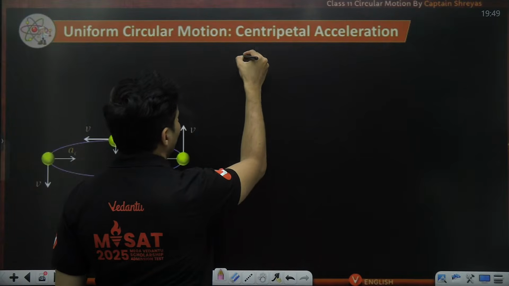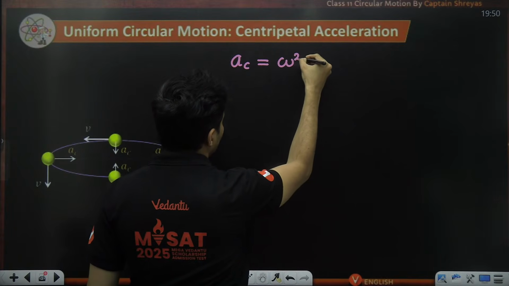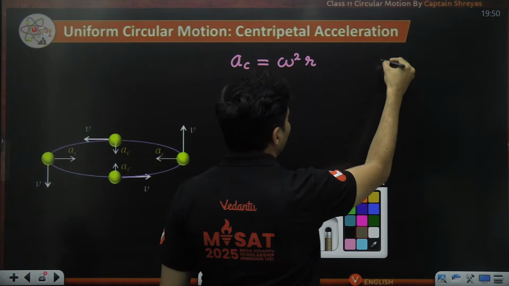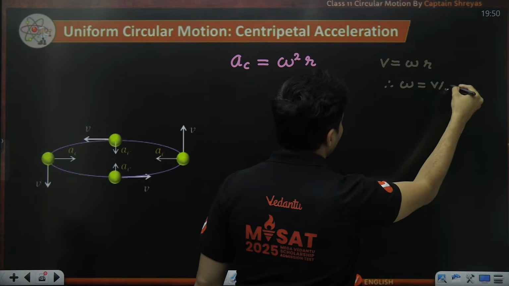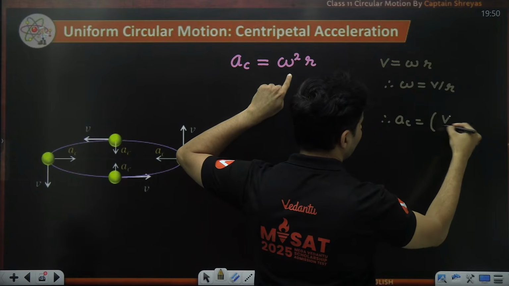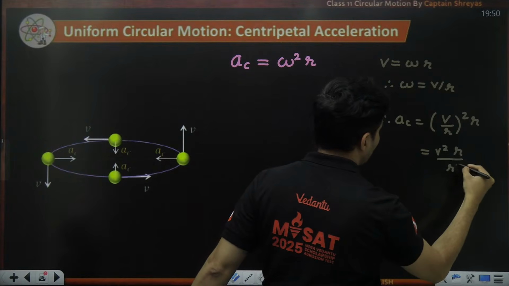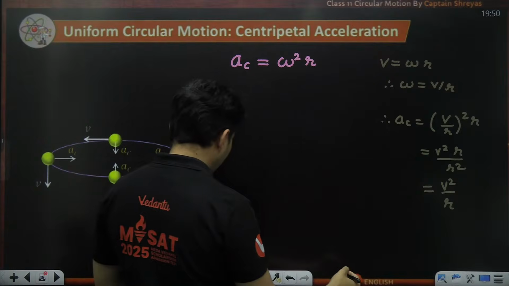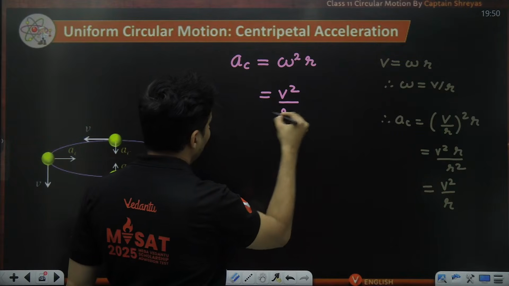There is a derivation for it. Let's not worry about it. AC is nothing but angular speed square into R. But if you want omega, since V is omega into R, therefore omega is V by R. Therefore, AC will be, instead of omega, V by R square into R. So it will become V square R by R square, so V square by R. You can also write it as V square divided by the radius.